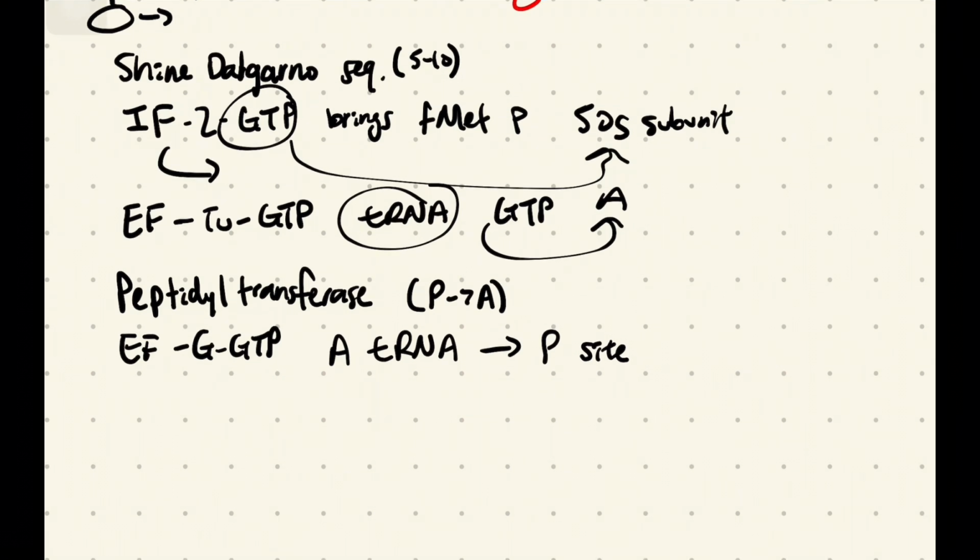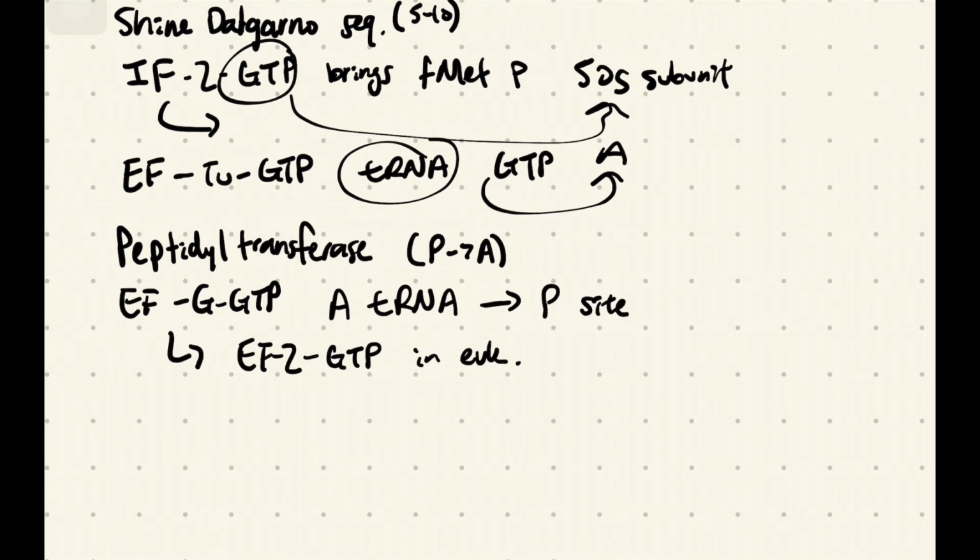Now, for eukaryotes, what's going to be different from this entire thing is just the fact that this EF-G GTP is now called EF2 GTP in eukaryotes. Okay, so just keep in mind all of these initiation and elongation factors because they are very important and you can be tested on them.